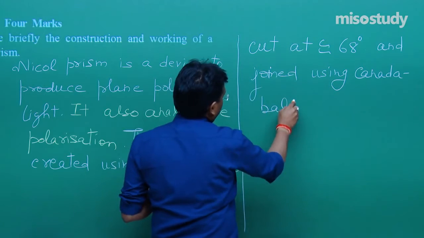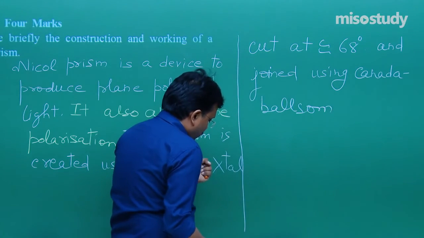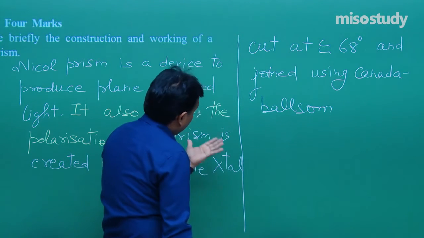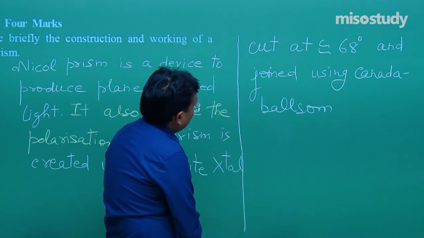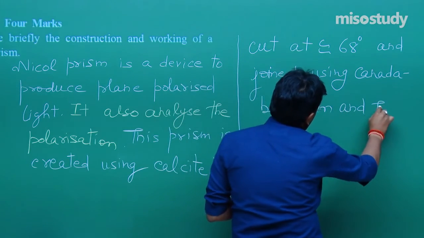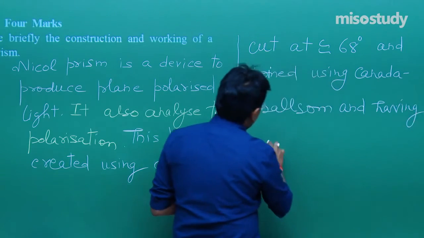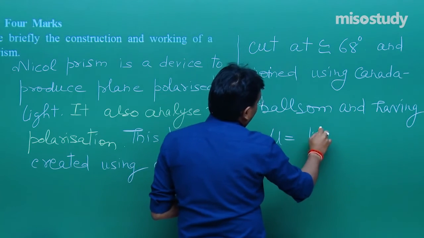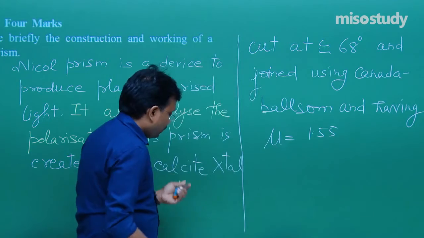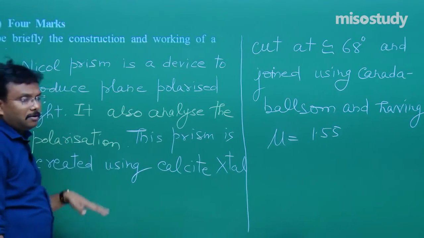Actually this is a specific type of glue which is used for this. Joined using Canada balsam and having mu equal to 1.55, nearly, fine, 1.55. So this is the basic idea of construction and working.